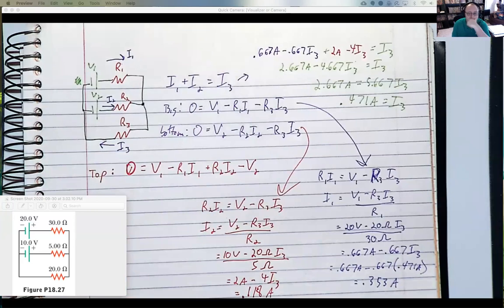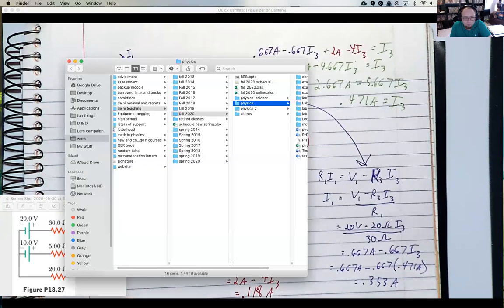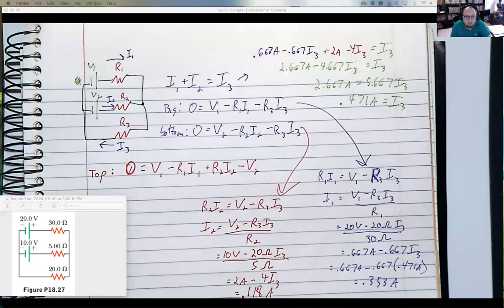Here, give me a second. I'm going to open something else up. I'm pretty sure one of the problems I did in the packet, the example problems, I purposely did backwards. Nope, not that.